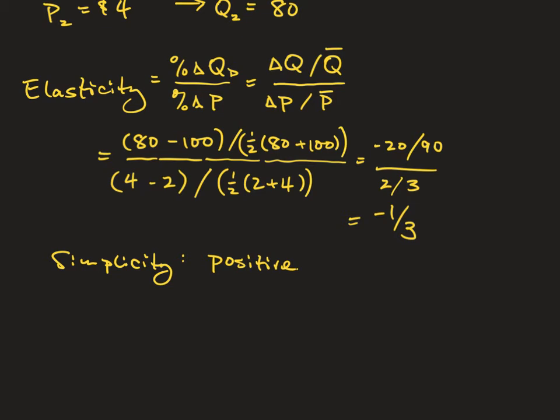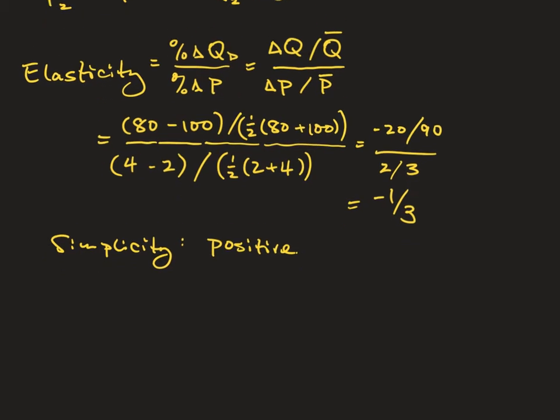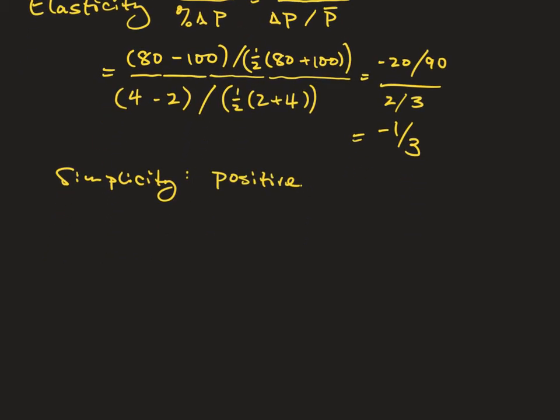Change in quantity and change in price go in opposite directions, so it'll always be negative. For simplicity, we'll just call it 1/3. Got it? So forget about that negative part.